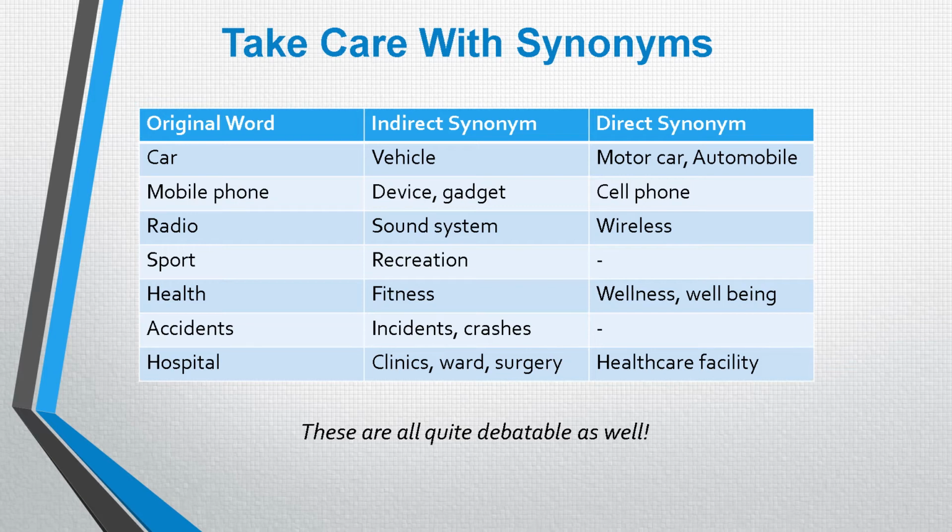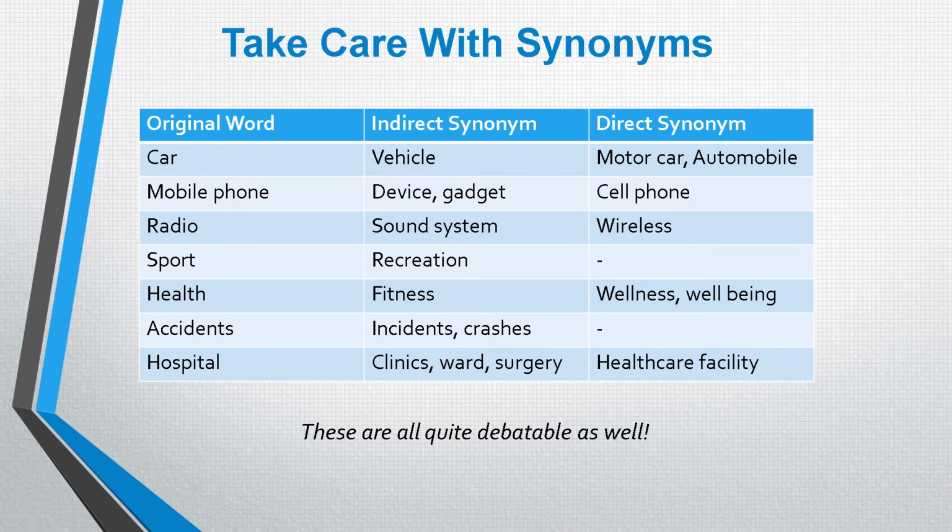Accidents, incidents or crashes is kind of similar, but not exactly the same. They have different connotations. An incident doesn't sound quite as serious as an accident, whereas a crash sounds very serious. So they have slightly different meanings, and we need to be careful when we use synonyms.